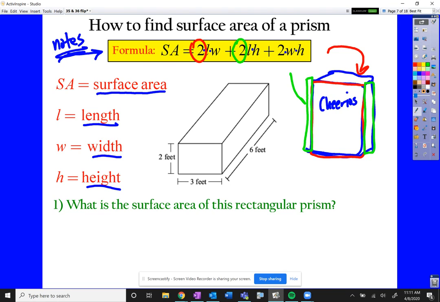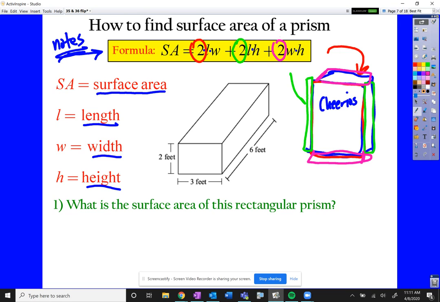And then, of course, the top and the bottom, let's maybe use pink or something. The top where you open it and the bottom flap again, they repeat. They're a mirror copy of each other. They're an exact copy of each other, so there's always 2. So that's where the 2's come from. 2 times length times width. Add that to 2 times the length times the height.